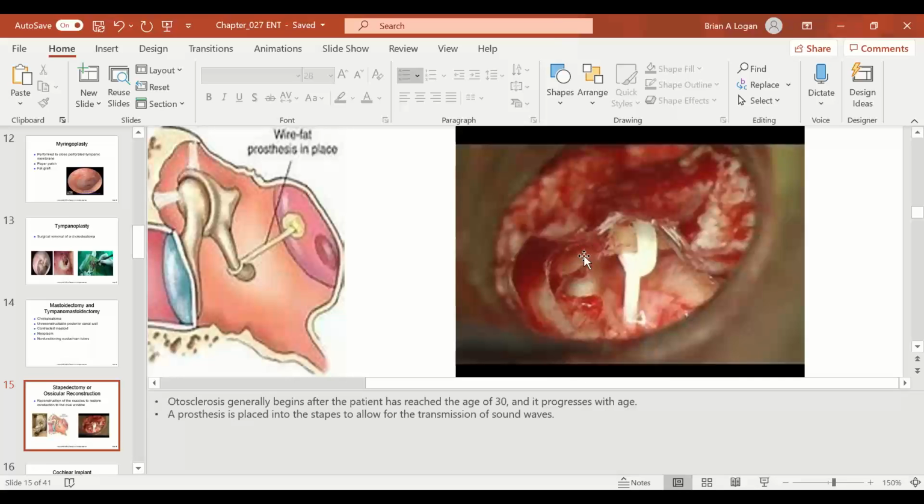This is the anvil, and this is the new stirrup. This is that plastic stapes that I was talking about. And see how it plugs right into that oval window. So now you can still get that vibration of sound transferred to the cochlea.